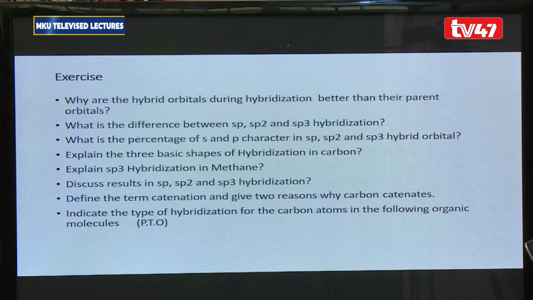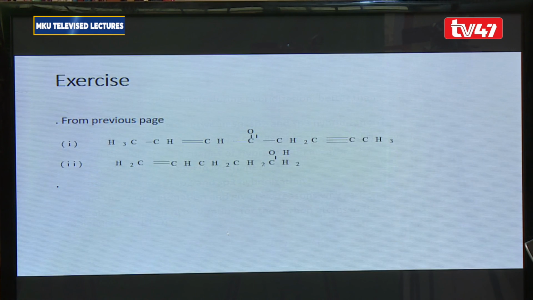Another question you should exercise and research on is indicate the type of hybridization for the carbon atoms in the following organic molecules. And you have 2 organic molecules. So one has 1, 2, 3, 4, 5, 6, 7, 8 carbon atoms.